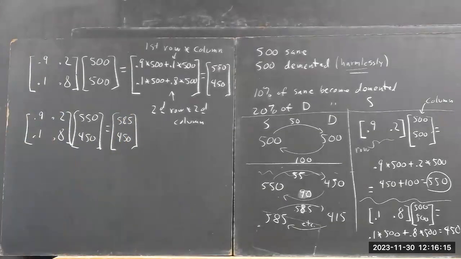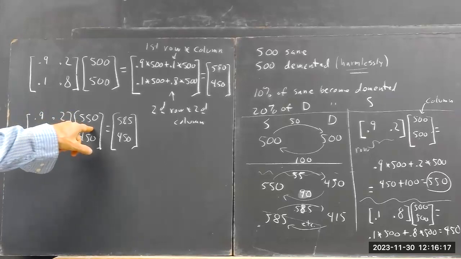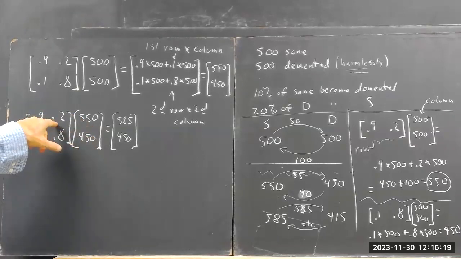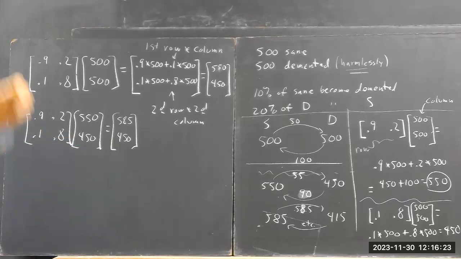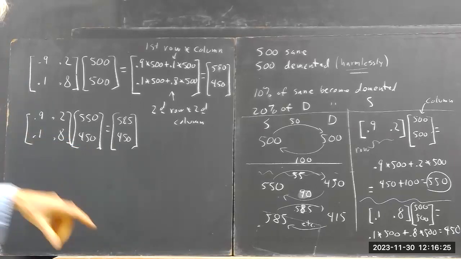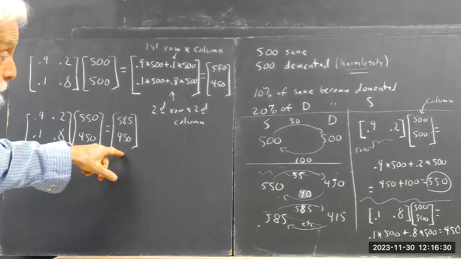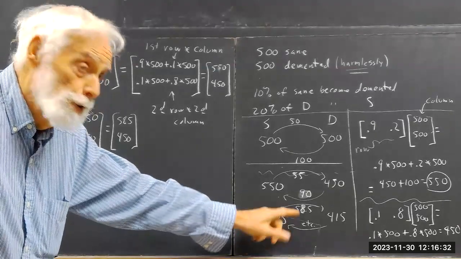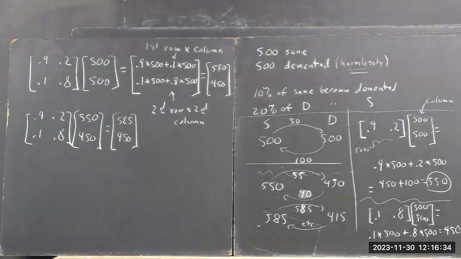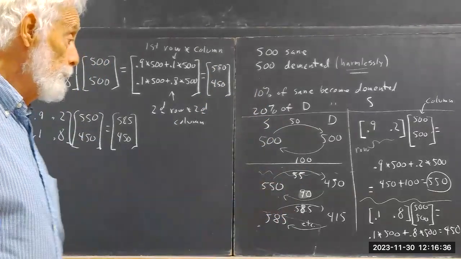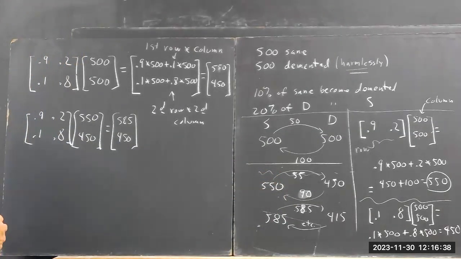I just follow the rule. Yeah, 0.9 times this, okay, and 0.2 times this. Then if I multiply the same matrix times this, I get the numbers I should have gotten here, and I don't know what I did wrong. Because I'm getting a decimal over here, no decimal over there, because I'm just doing it wrong in my head.